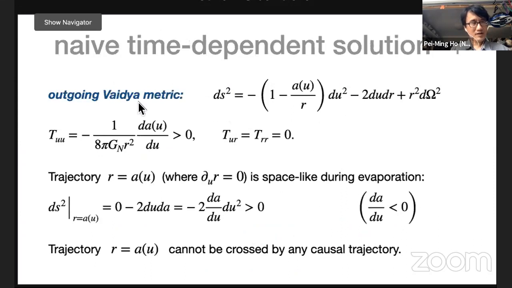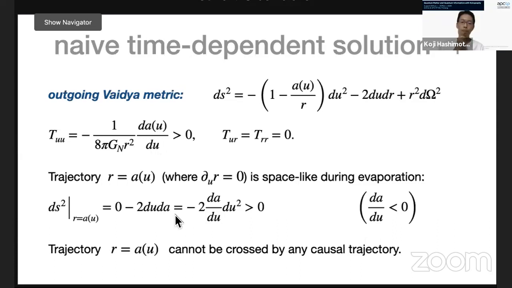For example, you can use the outgoing Vaidya metric as an example for T_UU positive. So you write down the usual Schwarzschild solution in terms of the coordinates U and R, and you allow the Schwarzschild radius to depend on U, and assuming that A decreases with U, then you have a corresponding outgoing energy flux.